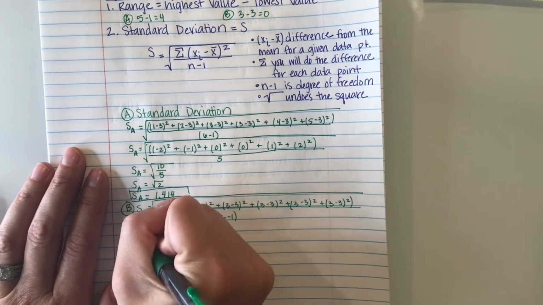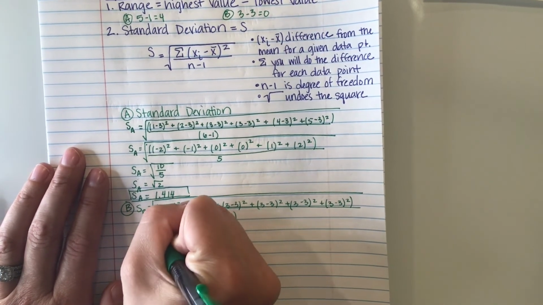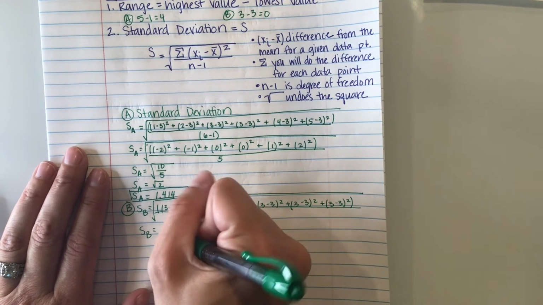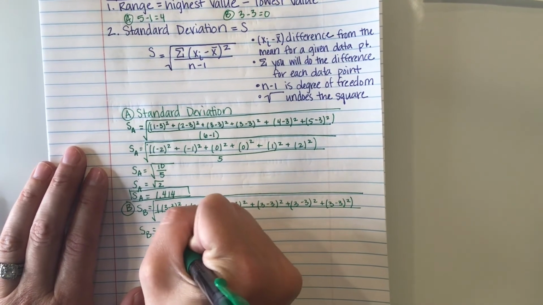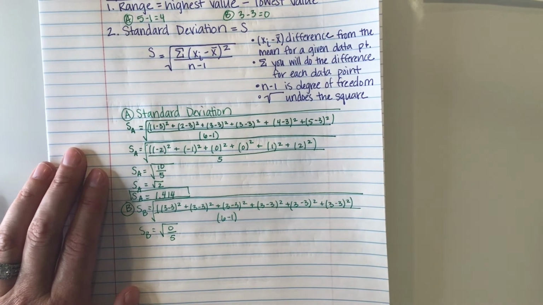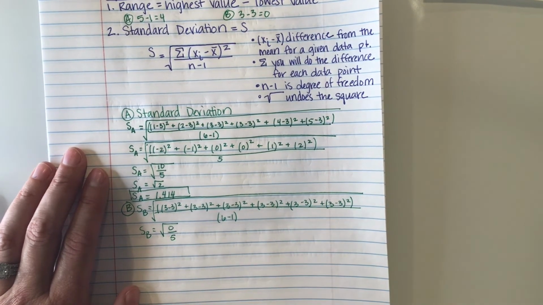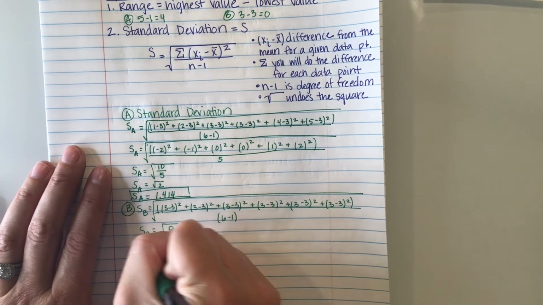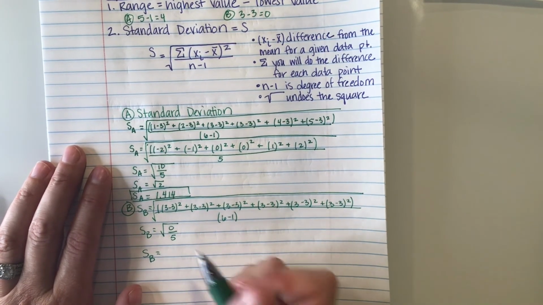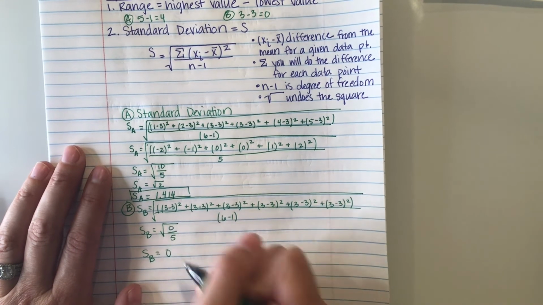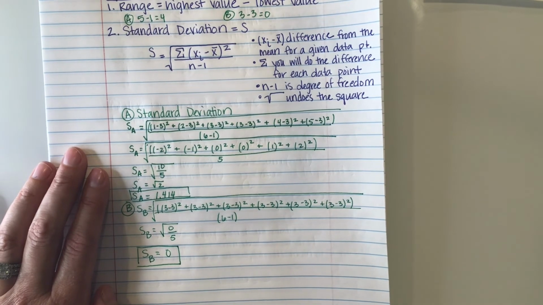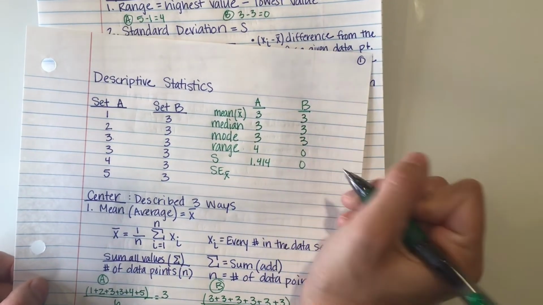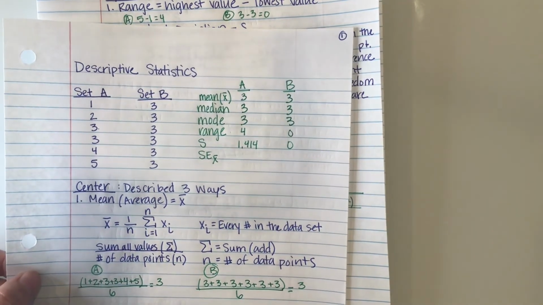So I'm going to say my standard deviation of B then is the square root of 0 over 5. Anything with 0, and the 0 is in the numerator, so it's okay. That means the standard deviation of group B is 0. That's my answer. And I'm going to go ahead and record that on my table as well. 0 as my standard deviation.